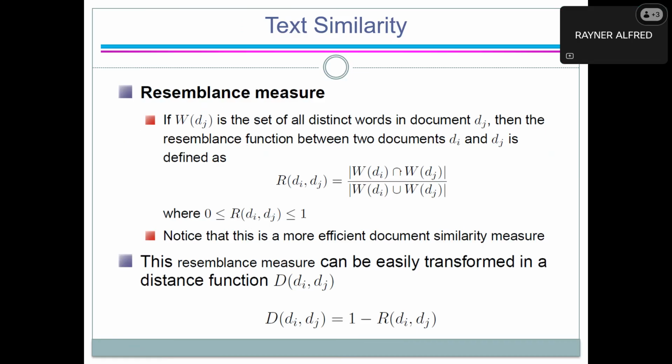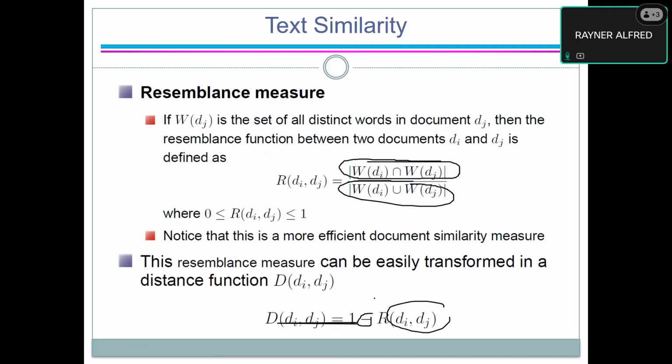For this one, we are looking at the intersection between these two documents, and then divide by the union of the documents. This is the resemblance, then the distance can be computed by subtracting the resemblance from one. So this will be the distance function.